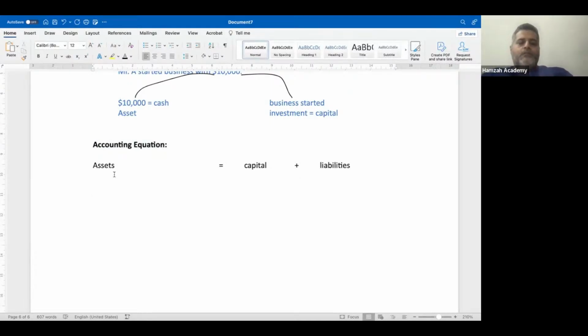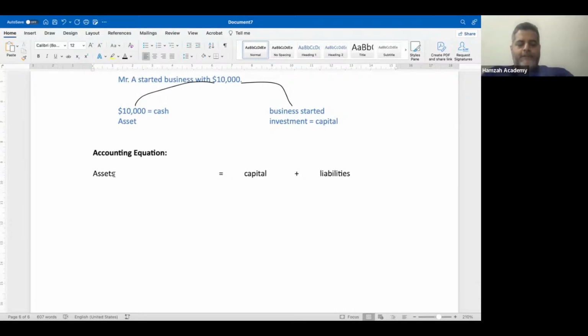Now, for example, we have transaction number one, like Mr. A started business with $10,000. The same transaction we looked at over here. Now, if I try to put it into the accounting equation over here, how is it going to work?